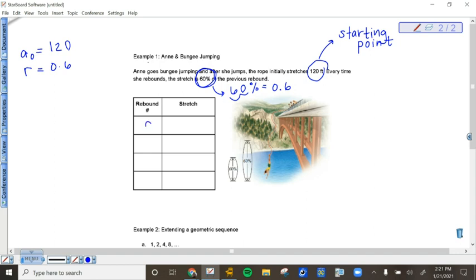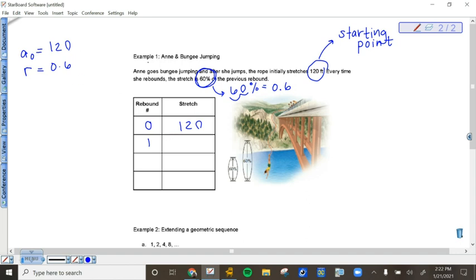So at rebound 0, the stretch is 120 feet. After rebound 1, remember we need to multiply the previous term by the common ratio.